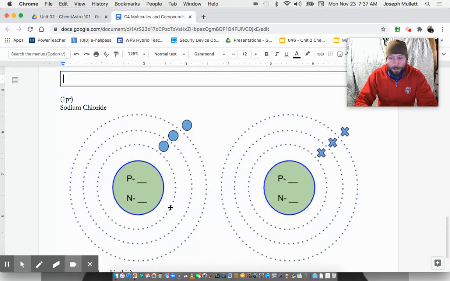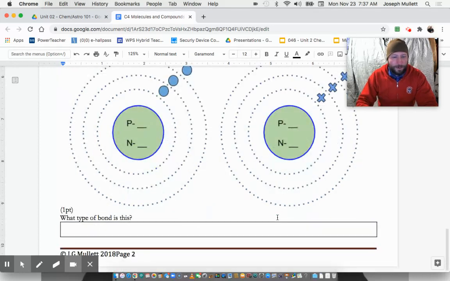This is sodium chloride. Now this one's a little bit harder, but I'm going to go and see if you guys can't try and figure this out on your own. What I do recommend, if you want to do some Googling, Google sodium chloride and sodium chloride ionic bond structure or model, ionic model.